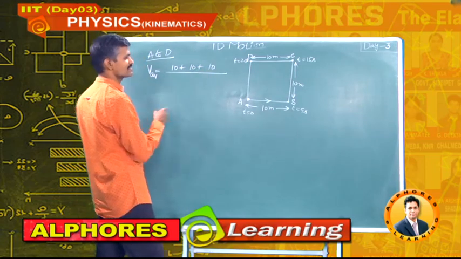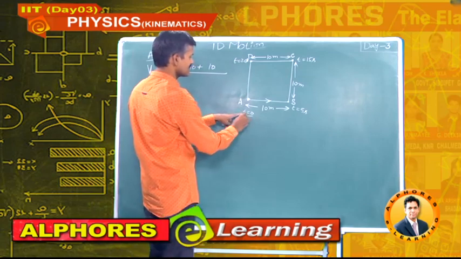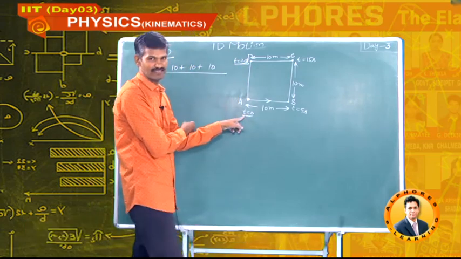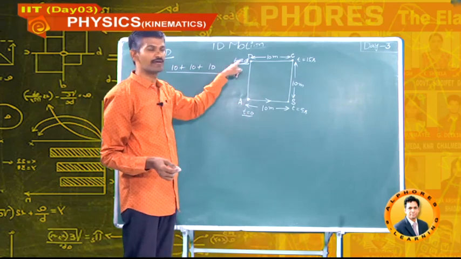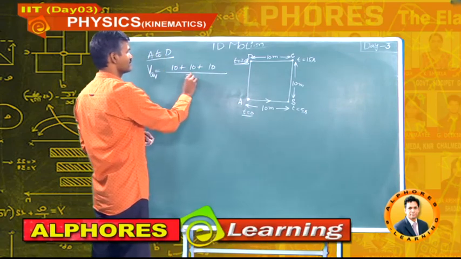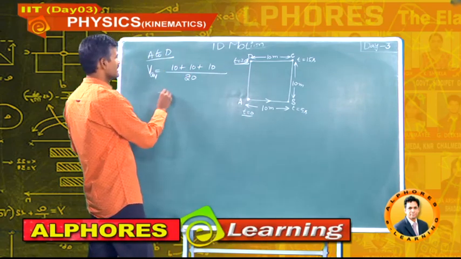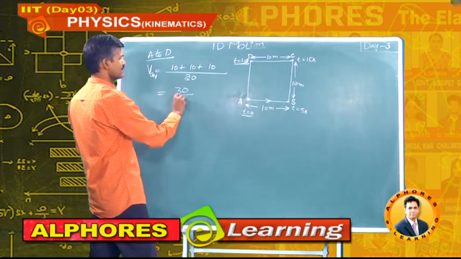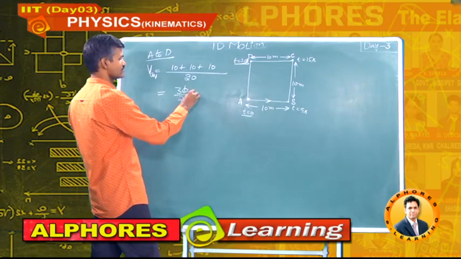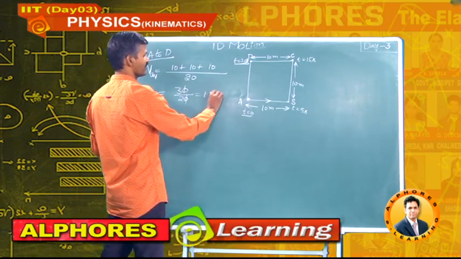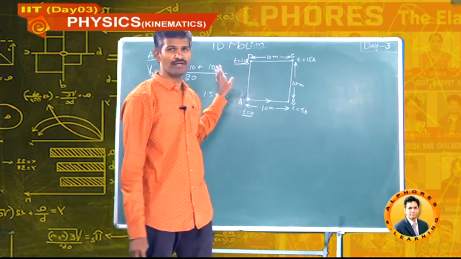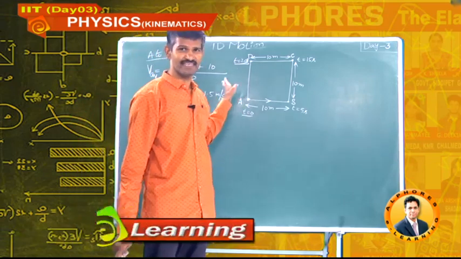Total time taken: it starts at t equal to 0 and the journey ends at t equal to 20 seconds, so total time is 20 seconds. So average speed is 30 by 20, which on cancelling gives 1.5 meters per second. Okay, this is one simple problem. You can solve so many problems like this.